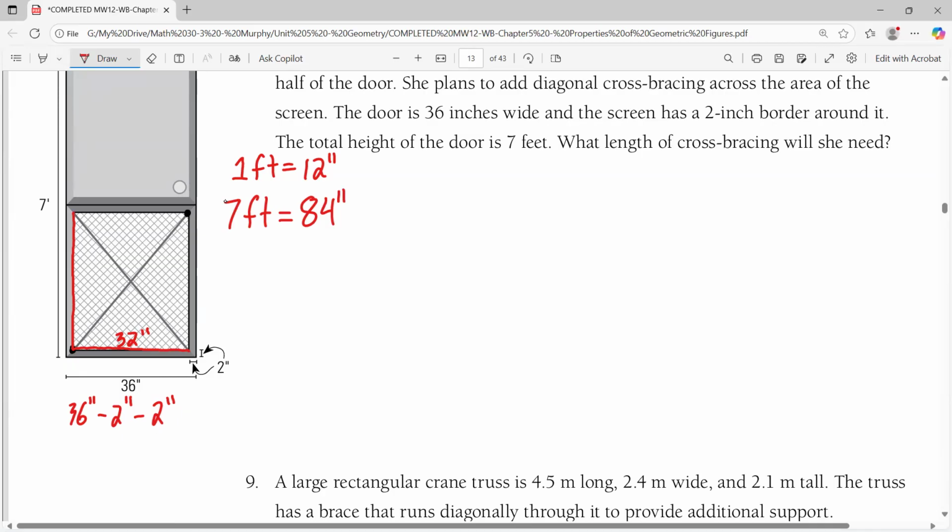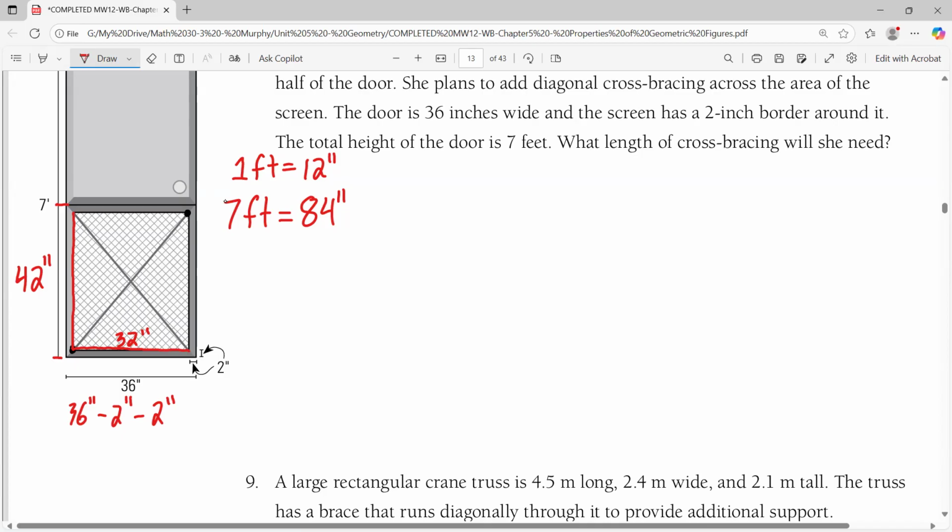Now, if we split it halfway, we should be able to get from here to here, which would be 30. No, sorry, it'd be 42. Okay, so that's 42 inches. Now, you have the 2-inch gap up at the top or spacing, and you have 2 inches at the bottom.